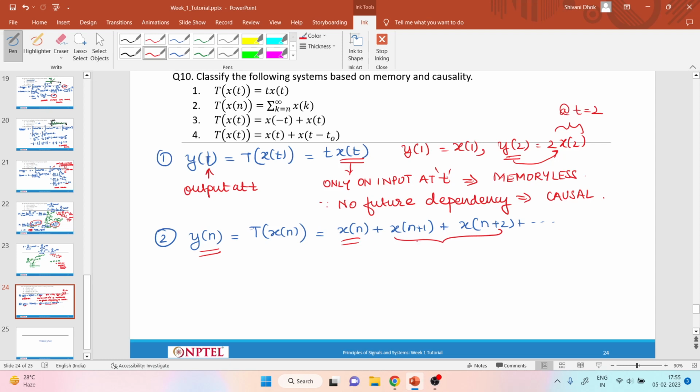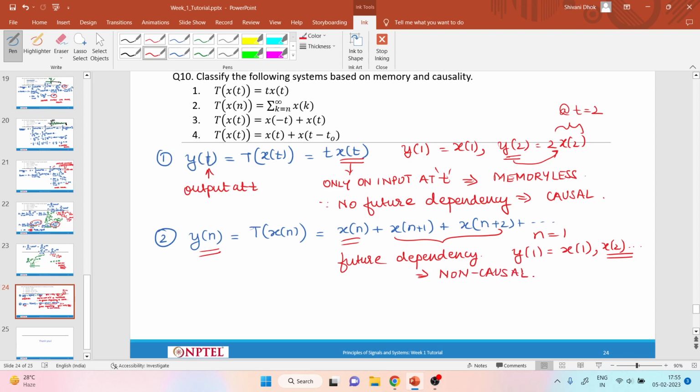So since there is a future dependency, that is, if my n is equal to 1, then my y of 1 will be depending on x of 1, x of 2 and so on. These are future values. That's why it is non-causal.